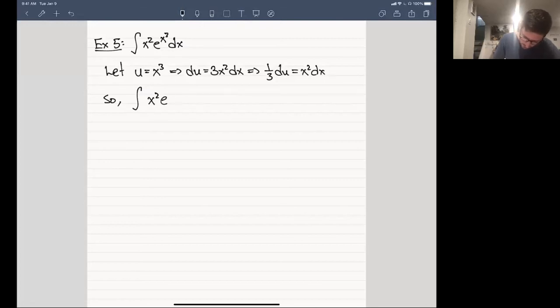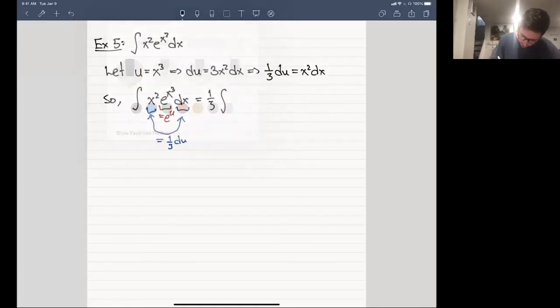Because I've got e to the x cubed dx. And now I get the 1/3 coming from the du term. And I've got e, so maybe I should write this underneath. This is equal to e to the power of u. I will say this and this is equal to 1/3 du.